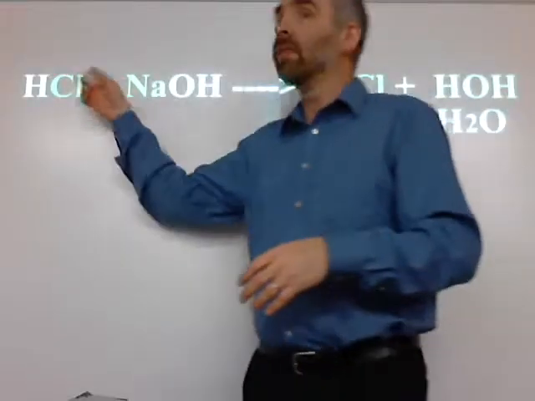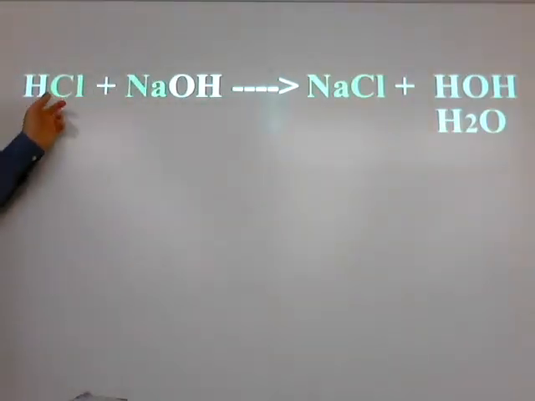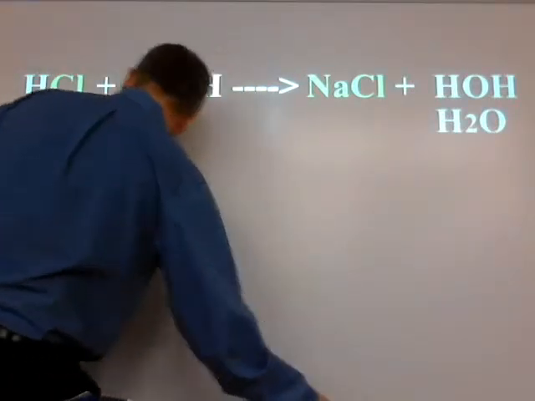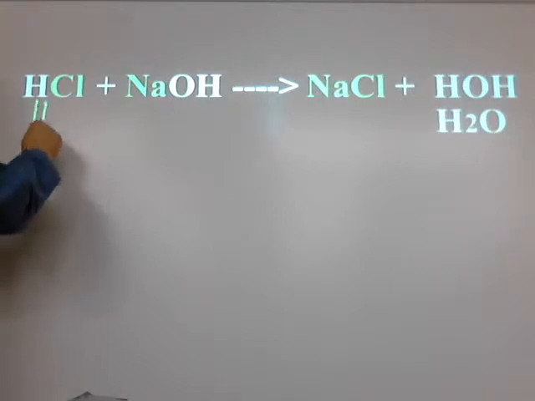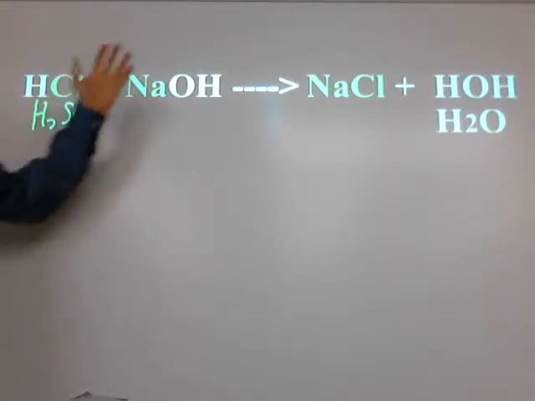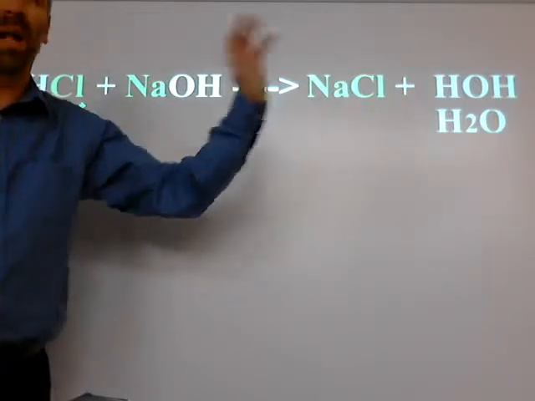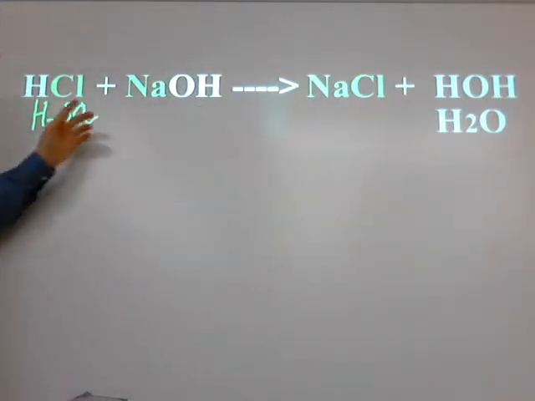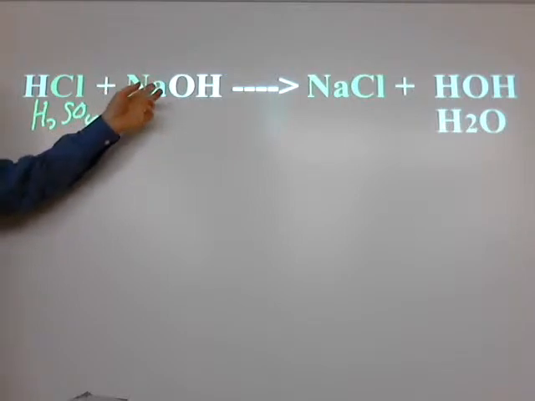What if I had, instead of hydrochloric acid, sulfuric acid? Sulfuric acid, if you remember, is H2SO4. Think about it. The H's will still go with the OH's and make water. I have to balance it, but whatever. And what would I get over here? Na will get together with what?